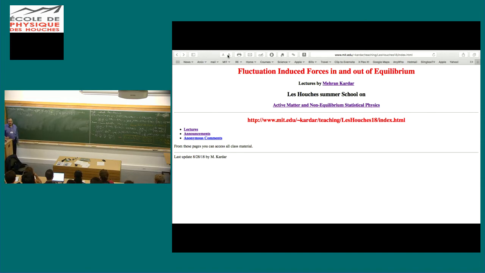Once I know what the variances are in Fourier space, I can convert that and calculate the variance between 2 points, x1 and x2, which is the quantity that I need in order to calculate fluctuation-induced forces, in real space.